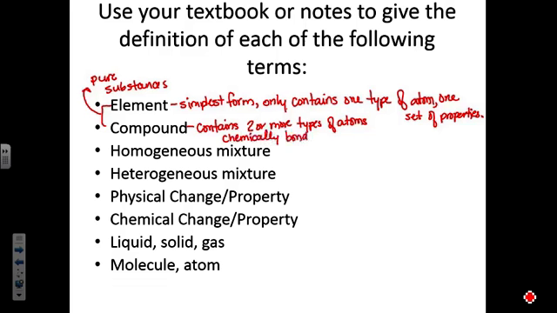And chemically bonded might not feel like it makes a lot of sense right now. You can think about this as like a special type of glue, like super glue, actually. And it's so fantastic that you would have to put a lot of energy in to get these atoms to separate from each other. So they act like a unit. They're chemically bonded, and they also have only one set of properties.